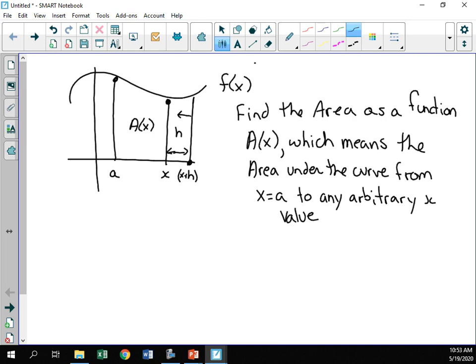So I don't need this X value to be here. It could be here, it could be here, it could be here. So that's why I introduced that H, is that X value can move this direction or this direction.